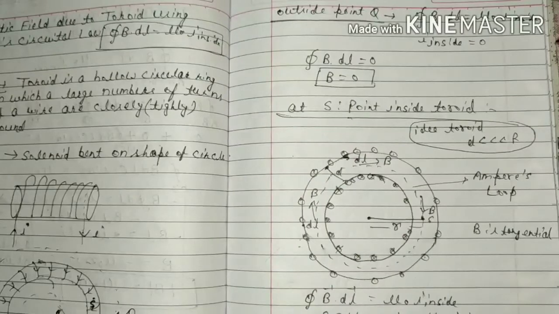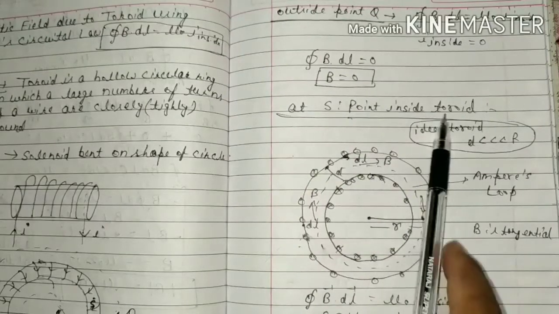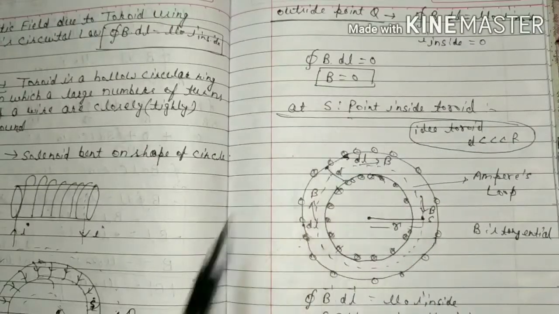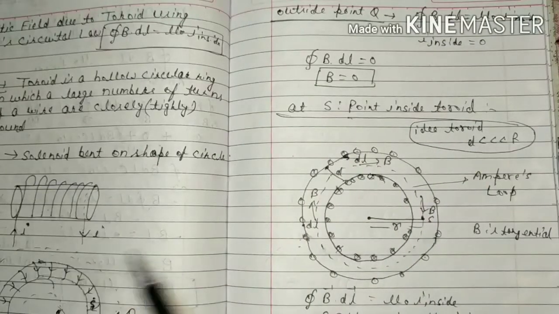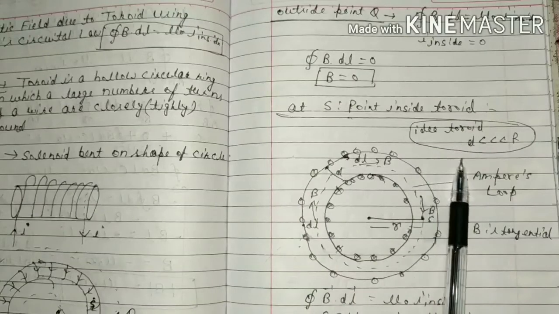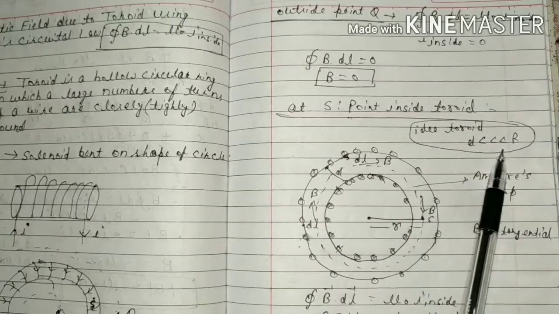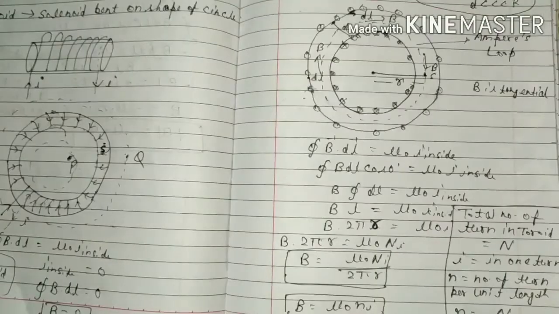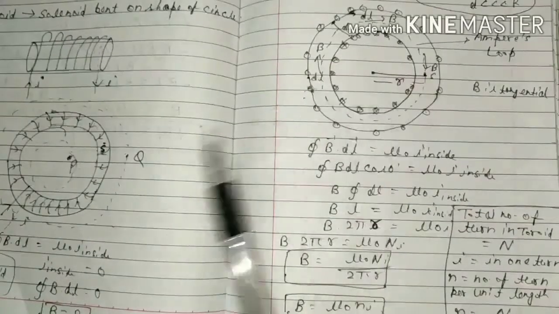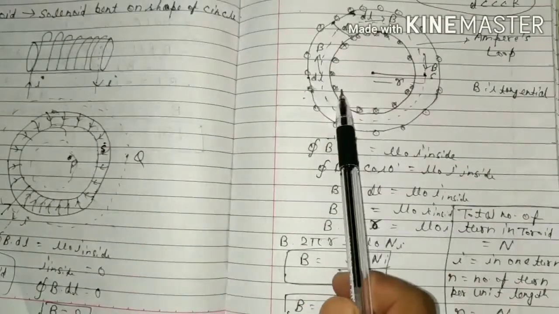Now at S, a point inside the toroid, on the toroid, we assume that this is an ideal toroid. So d, this thickness, is much less than the radius R. We can draw this figure like this.